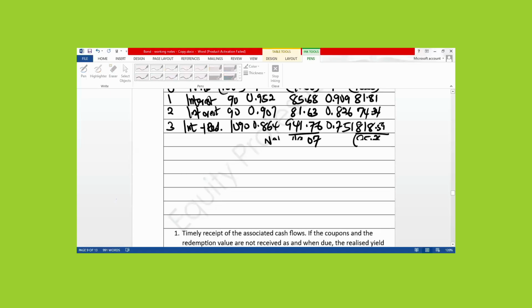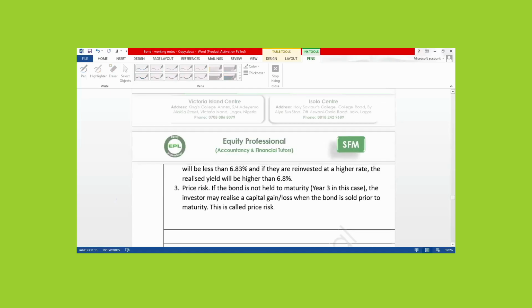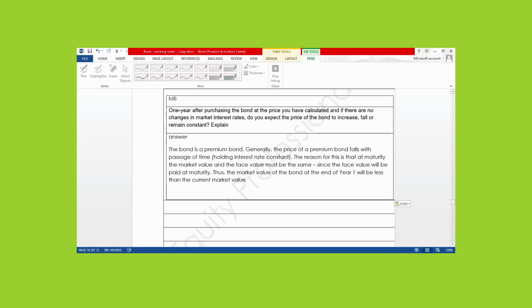Look at the response, please. The bond is a premium bond. Generally, a premium bond falls.